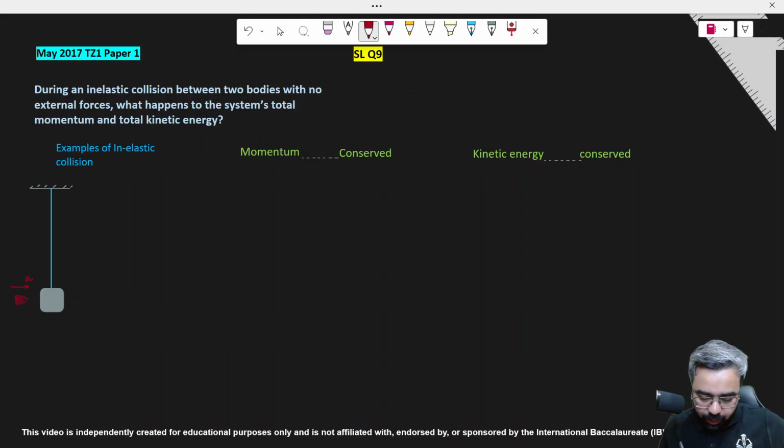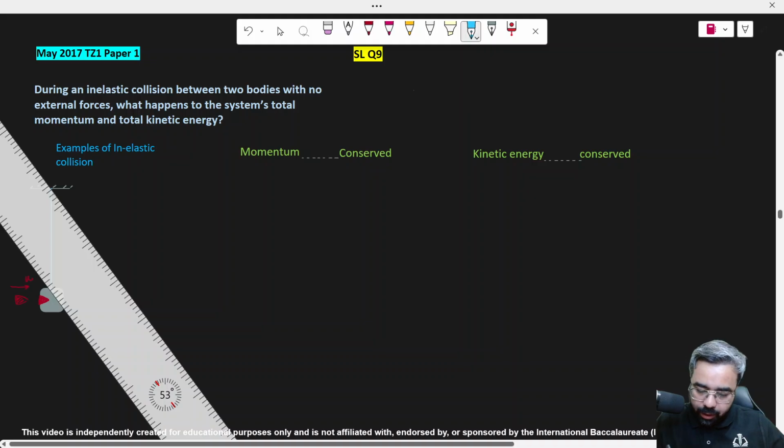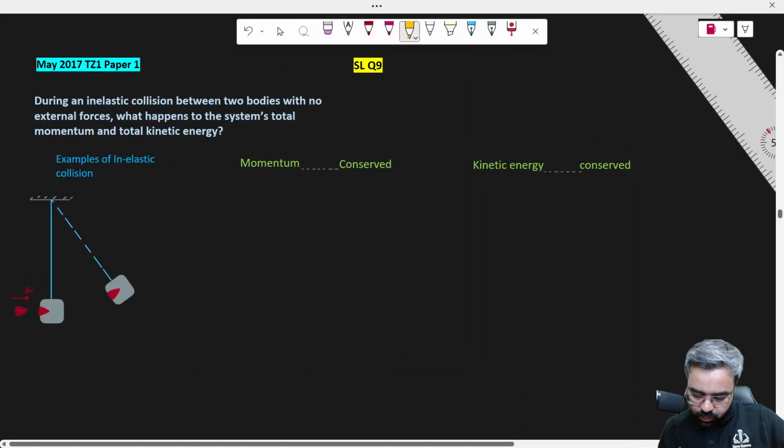So it will look like this when it embeds, and the moment it hits the block, its energy will be delivered to the block, due to which the block will not be able to stay at that point. It will move along a curved path to conserve the energy, but not 100% of the energy will be conserved. I will show you later on. So this is how it will go to its new position.